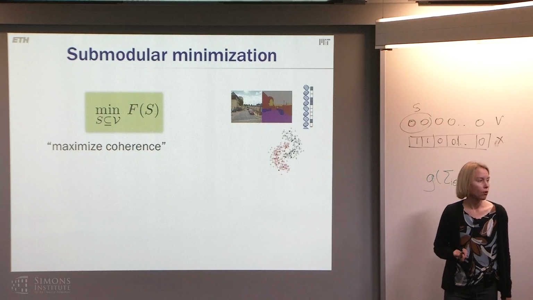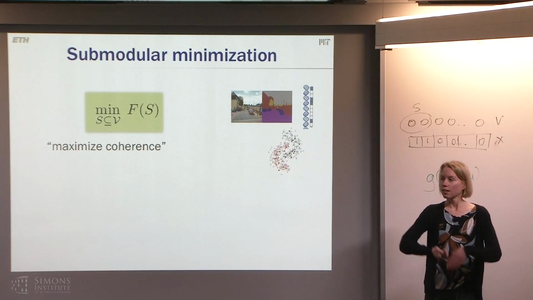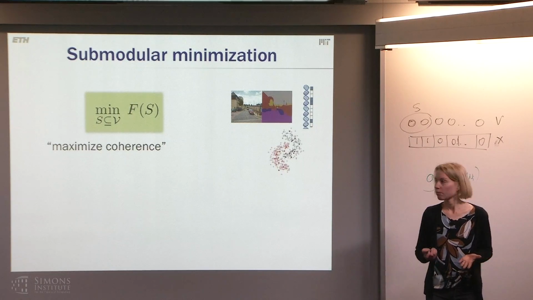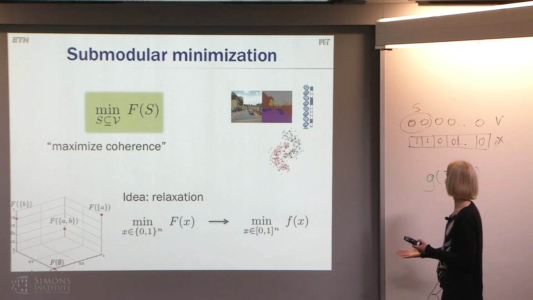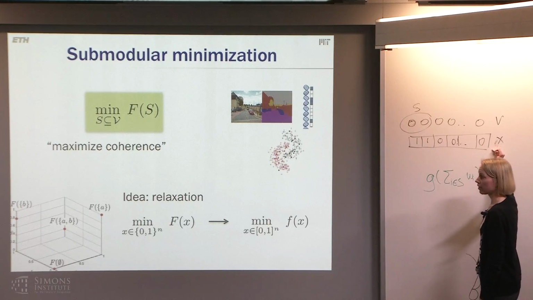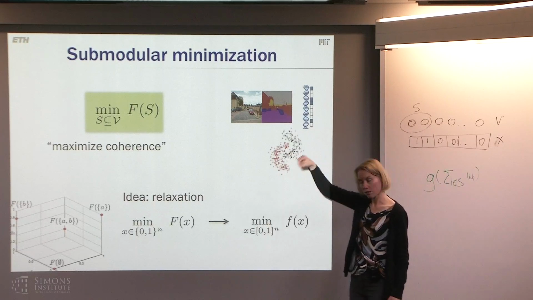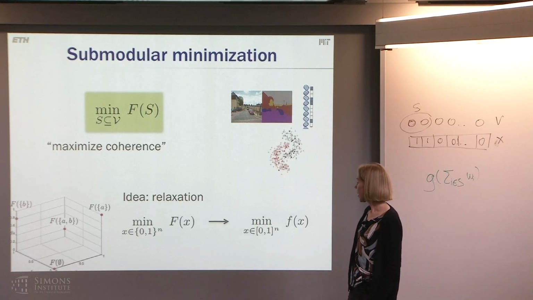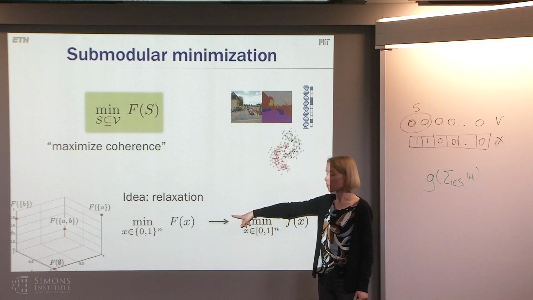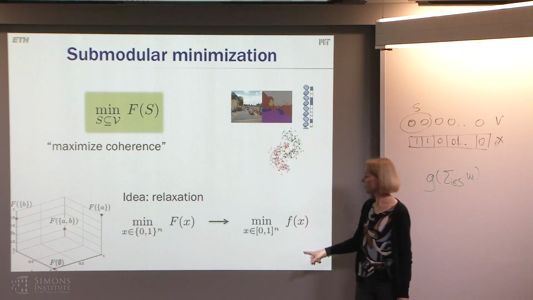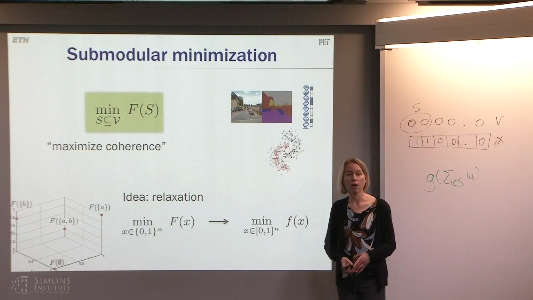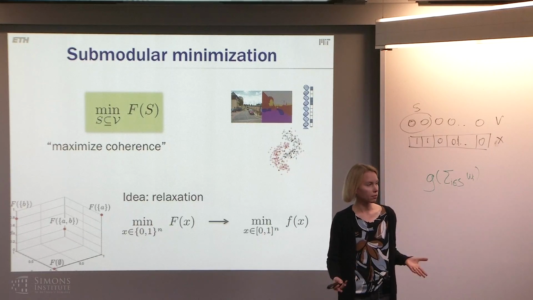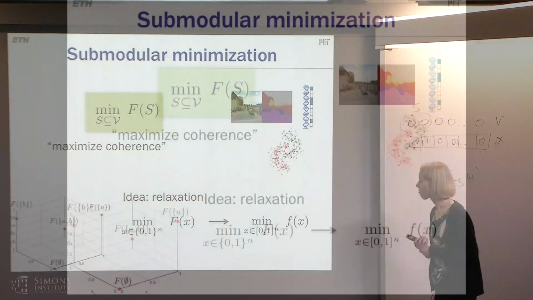The idea that we'll follow throughout is that we'll use a relaxation. We'll take our set function and view it as a function defined over binary vectors, which looks like this. So it's defined only on some parts of the space. And we will take this function and relax it to an optimization problem over the hypercube, continuous functions. We know how to do continuous optimization after this morning, so that's what we'll try to use.